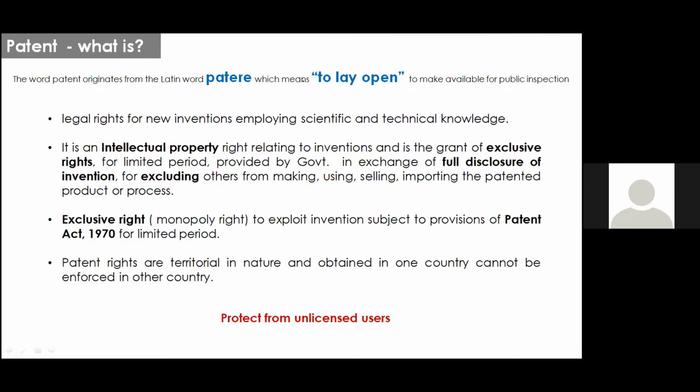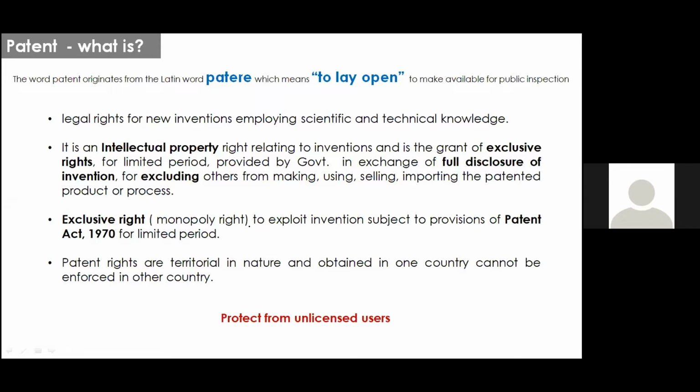So basically, it gives you a monopoly right, or you can also understand it as an exclusive right, to exploit the invention subject to the provisions of the Patent Act 1970 for a limited period.